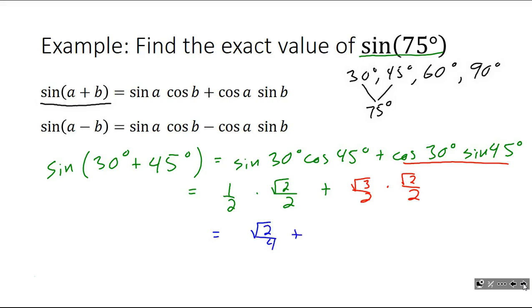The next one gives the square root of 6 over 4. With radicals, you multiply the radicand, that is the part underneath. And finally, we can combine these since they have a common denominator of 4. The numerator would be square root of 2 plus square root of 6. And that would be the exact value for the sine of 75. Please notice, a common mistake students make is they try to add the 2 and the 6. No, you can't add the radicands.